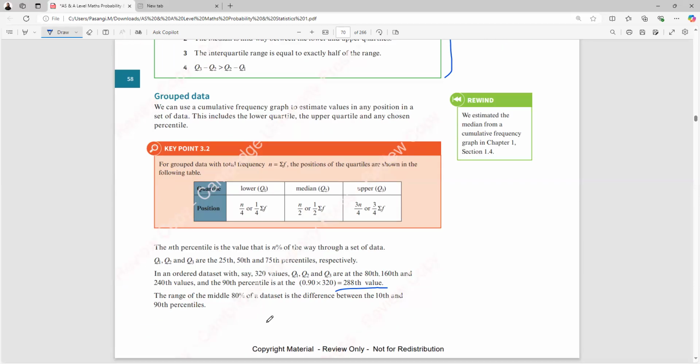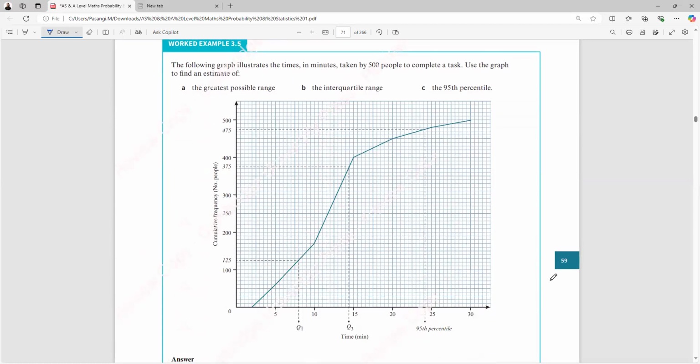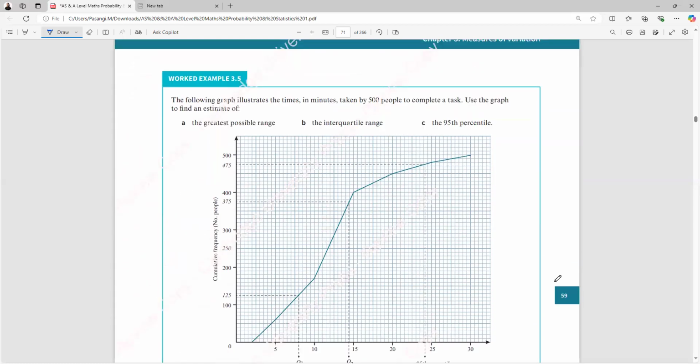It's clear, right, up to this point? Yeah. Okay. Shall we quickly go through the 3.1? Okay.